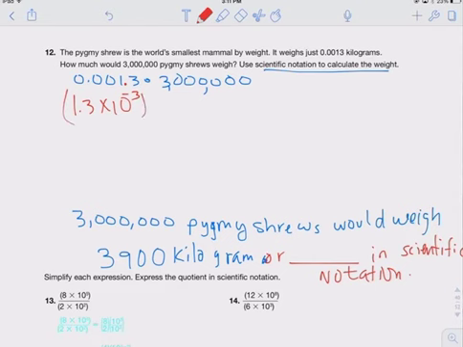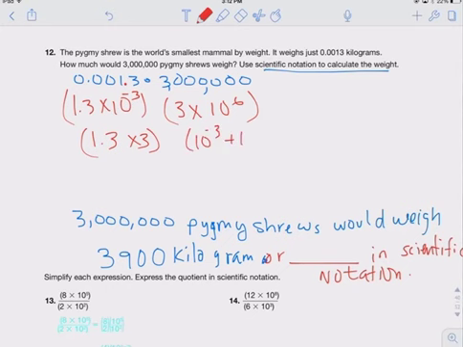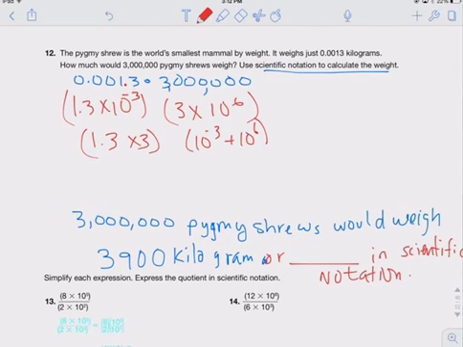And then the other one is 3 times 10 to the 6. So you would multiply 1.3 times 3, and then 10 to the negative 3. 3.9 times 10.